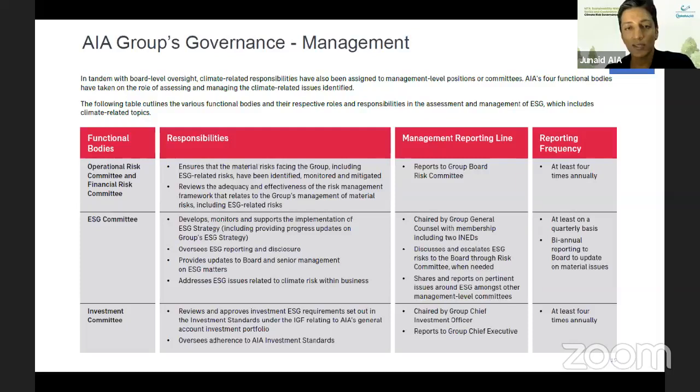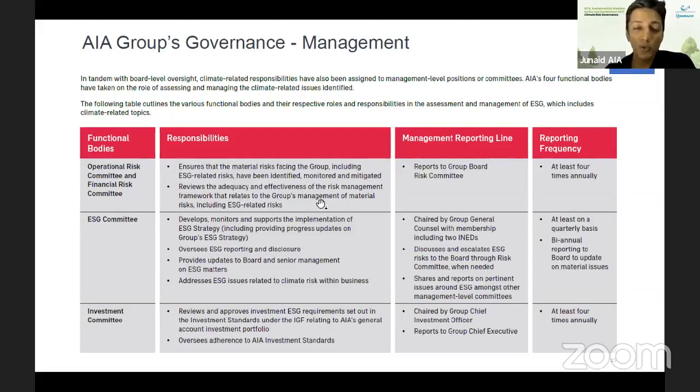In addition to this, we also have an ESG committee at the group level, which looks at AIA's ESG strategy, and then the committee will track its implementation and progress. So it's separate from the risk committee. Now, this committee will also oversee any reporting related to ESG, and then will provide updates to the board and senior management as required. So disclosures for ESG are routed through the ESG committee.